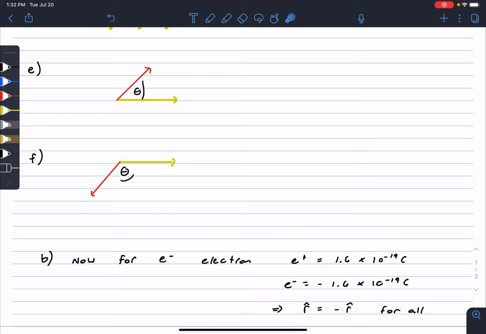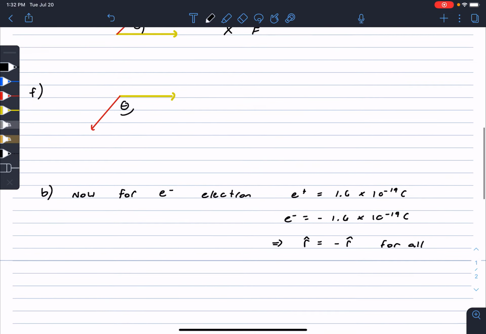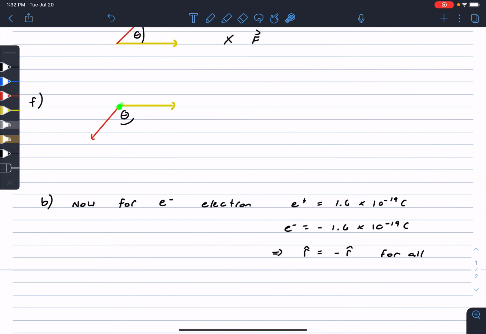I need to find a way to curl the fingers this direction, so point and then curl. That means it's going to be pointing into the page. Again, into the page. We point our right hand fingers this direction and then curl them, point and curl. That means it's going to be pointing straight out of the page.